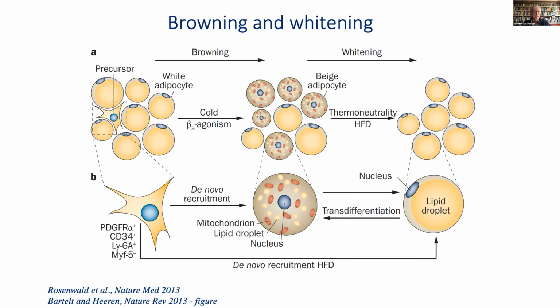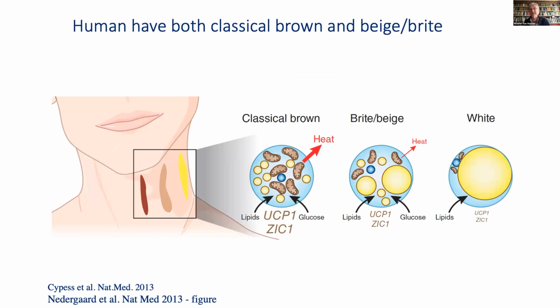It's interesting to note that in humans, most of the brown adipose tissue is in fact brite adipose tissue. I think most researchers now agree that we have a lot of brite-like, brown-like adipocytes in our body. So we do have some deeper layers with classical brown, but most of it is beige or brite adipocytes.